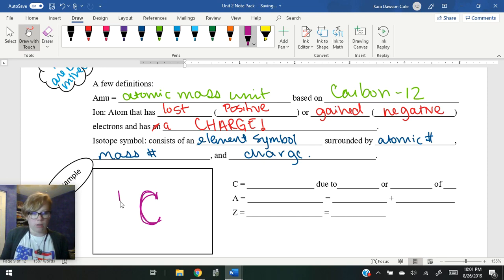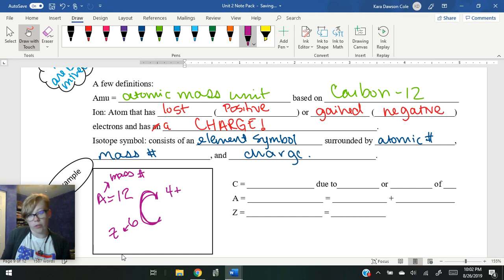If I'm looking at carbon 12, I'm going to have 12 at the top, and then 6 at the bottom, and then a 4 plus at the top. This 12 is what we call A, the mass number. And this is what we call Z, which is the atomic number.